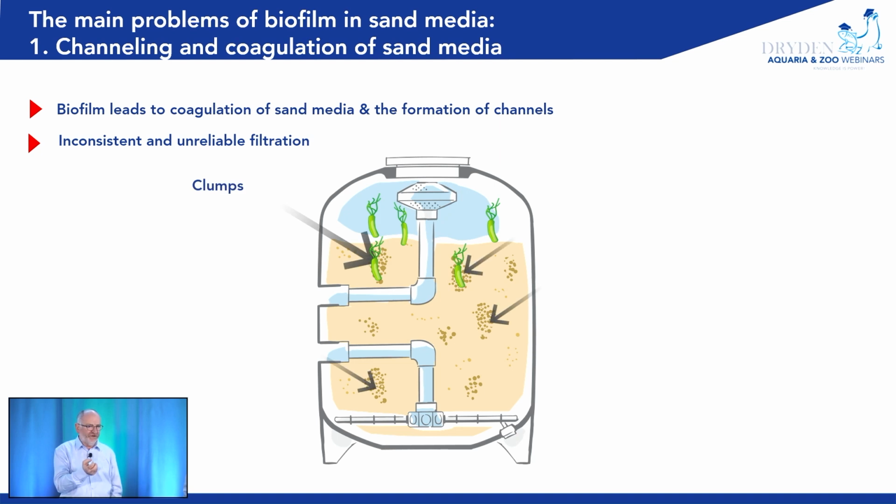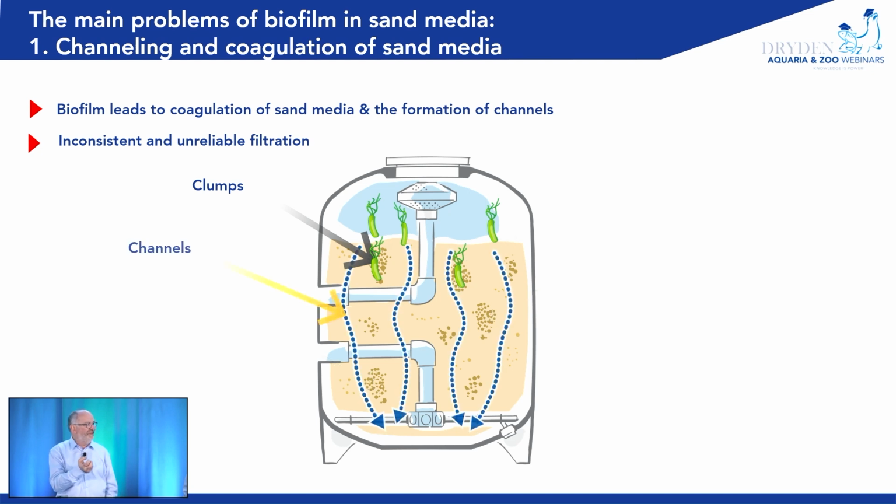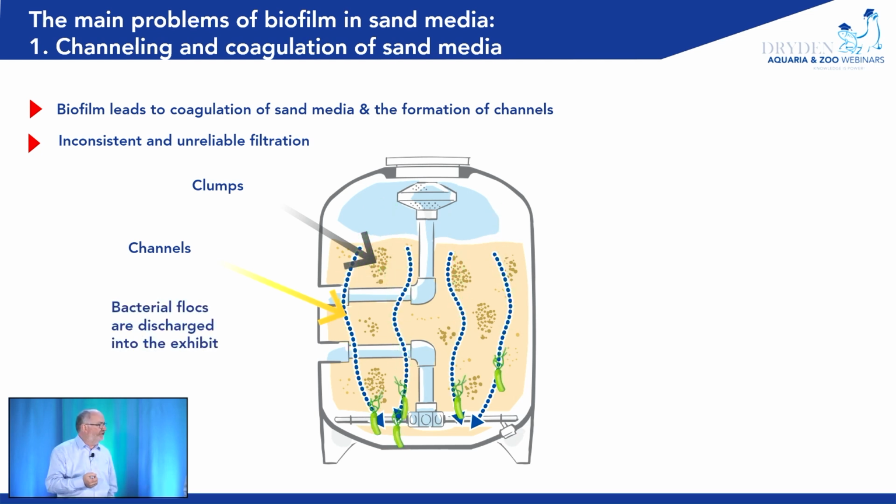That clogging of the sand grains creates localized resistances within the filter bed, and therefore the water takes the easiest path and it winds its way through the free bits of bacteria. It causes channeling, so higher velocity in those areas, poorer quality filtration, and also in some cases it can actually open up the filter bed and allow some bacteria to pass straight through and into the processed water.